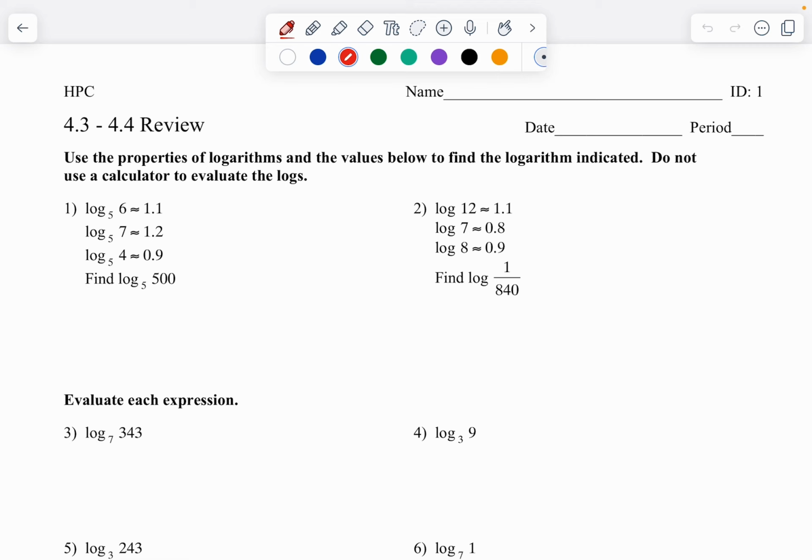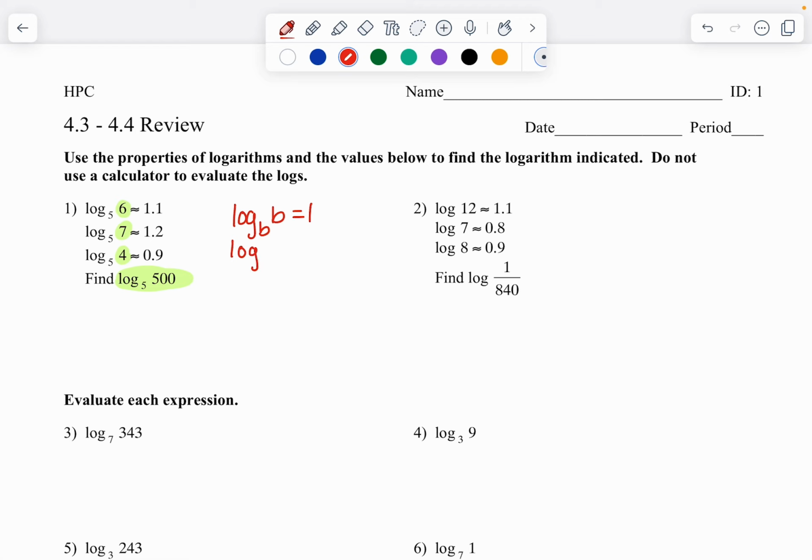Okay. For the first two questions, this is exactly what we did on Tuesday. So when you see log base 5 of 500, you want to try and rewrite 500 with 6, 7, 4. And remember, you could also use the base of 5 because we learned log base b of b is equal to 1.